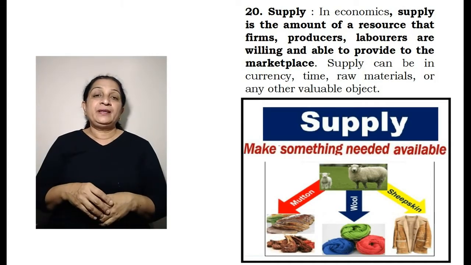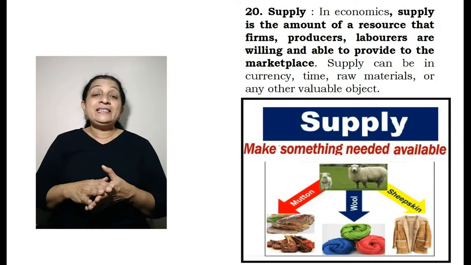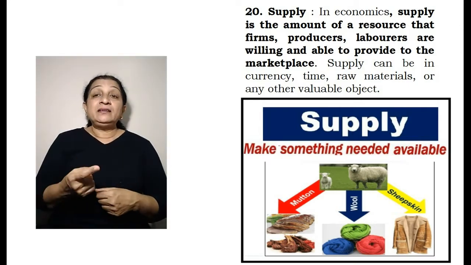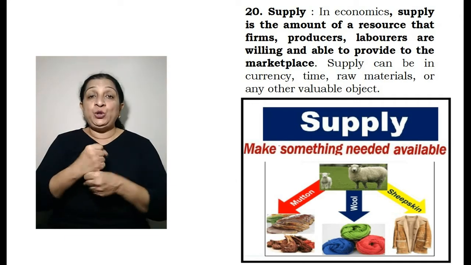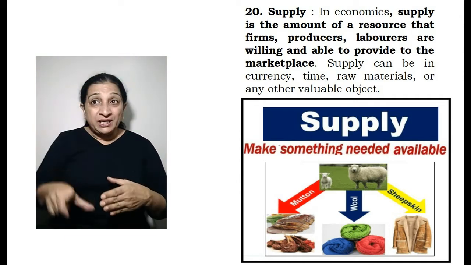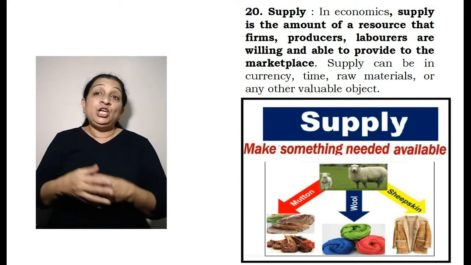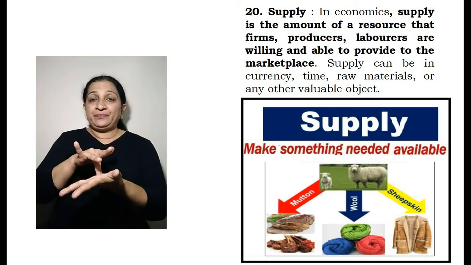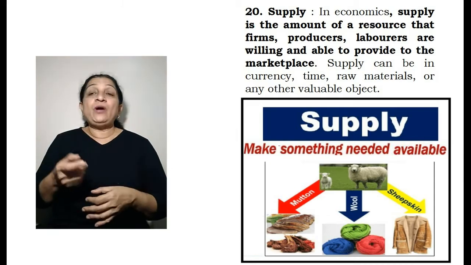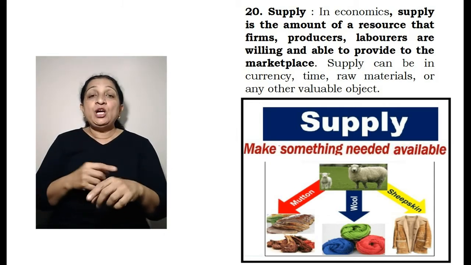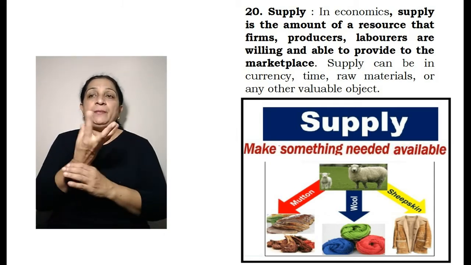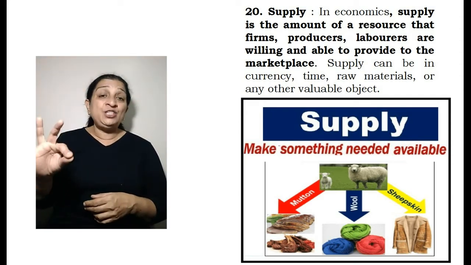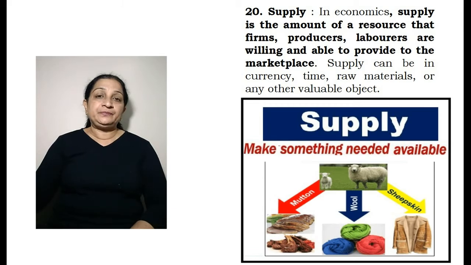Supply is defined as the amount of resources that the companies, producers, or workers are willing to put in the marketplace. For example, you have money, time, basic materials or resources, or any other important or valuable things.